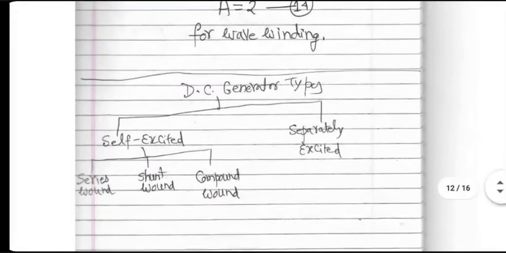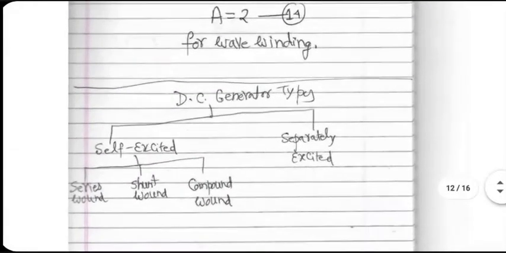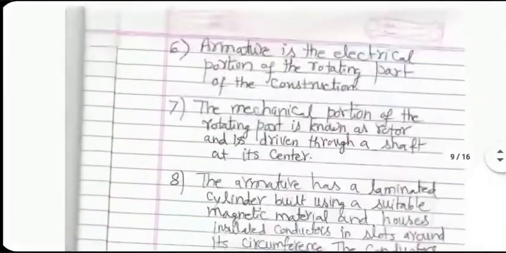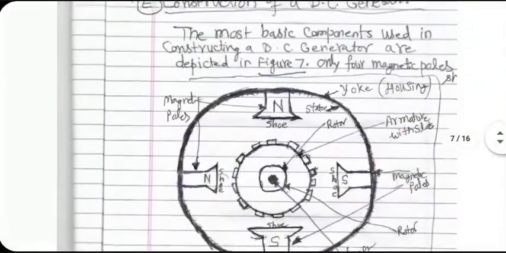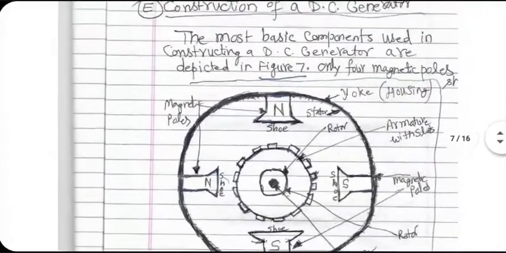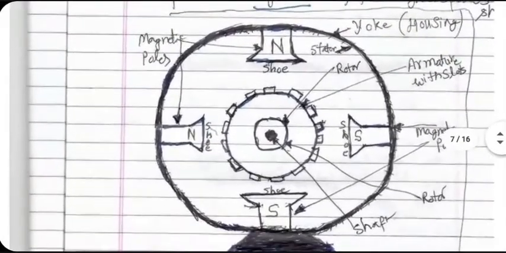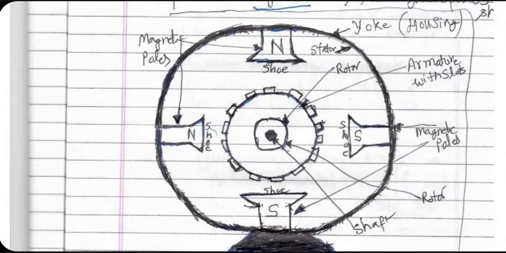Now, the other thing is, how do you excite the field windings? These windings on the poles, although I've not shown them, there are windings on each pole that need excitation from a DC voltage. One method is you can have separate batteries feeding those windings.